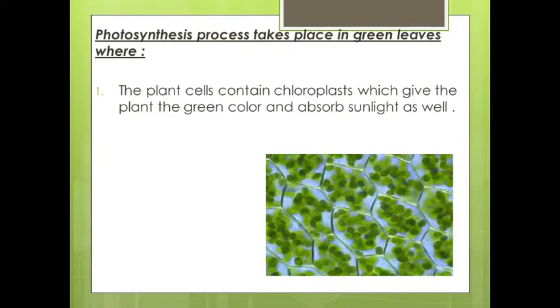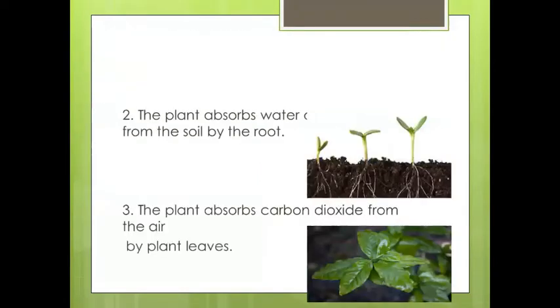Photosynthesis process takes place in green leaves where the plant cells contain chloroplasts. These green circles, they are the chloroplasts. By them, the plant absorbs the light. After that, the plant absorbs water from the soil by the roots.